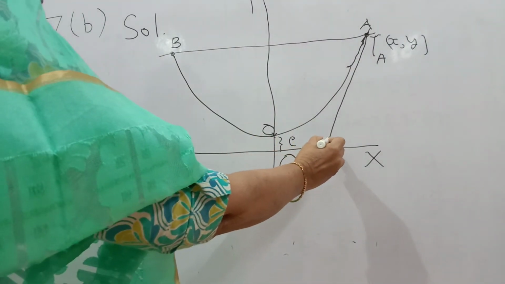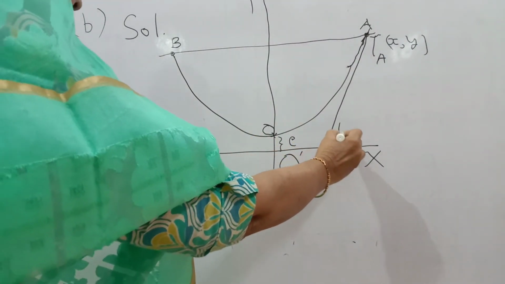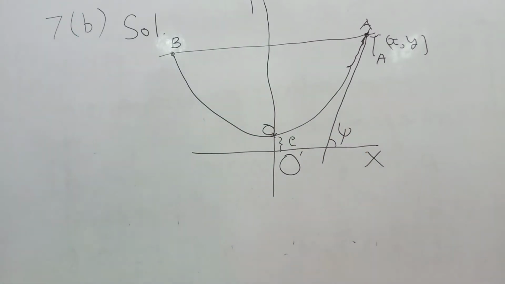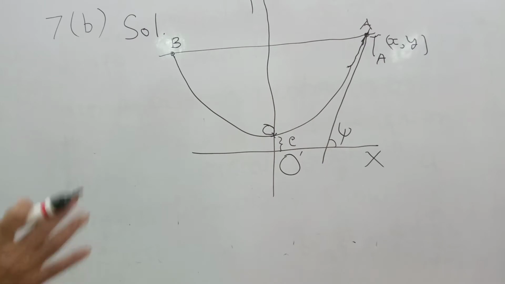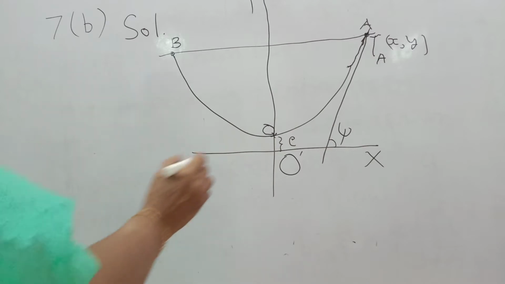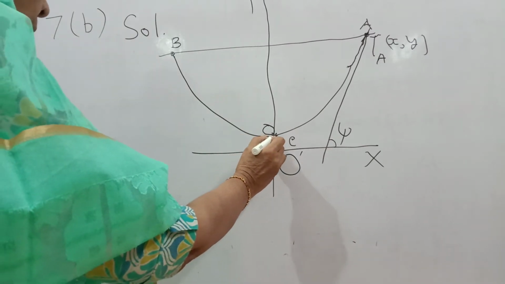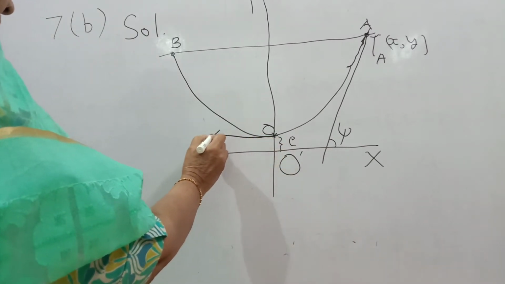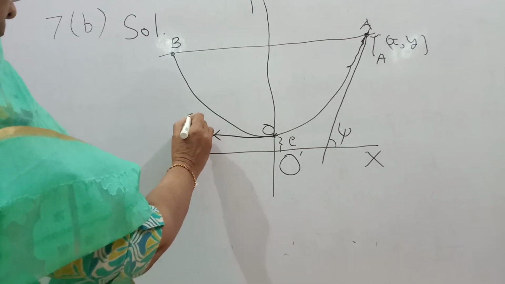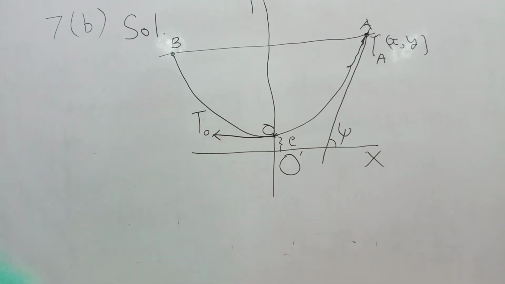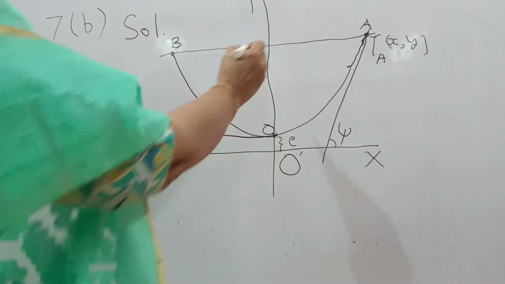And you know what this angle is? This is psi. The tangent drawn at a point makes an angle psi with the horizontal, and the tension at the lowest point is denoted by T0.